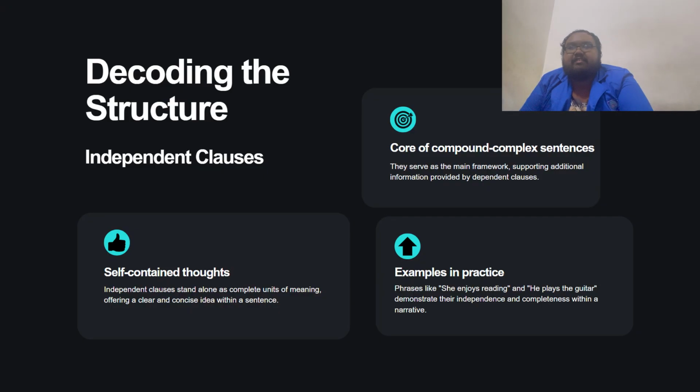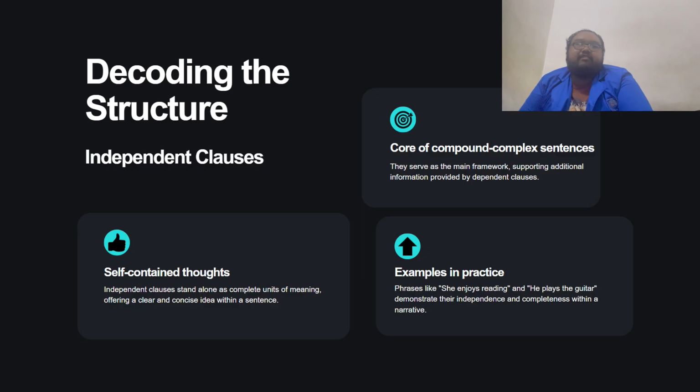Okay, so decoding the structure of independent clauses. Self-contained thoughts. Independent clauses stand alone as complete units of meaning, offering a clear and concise idea within a sentence.